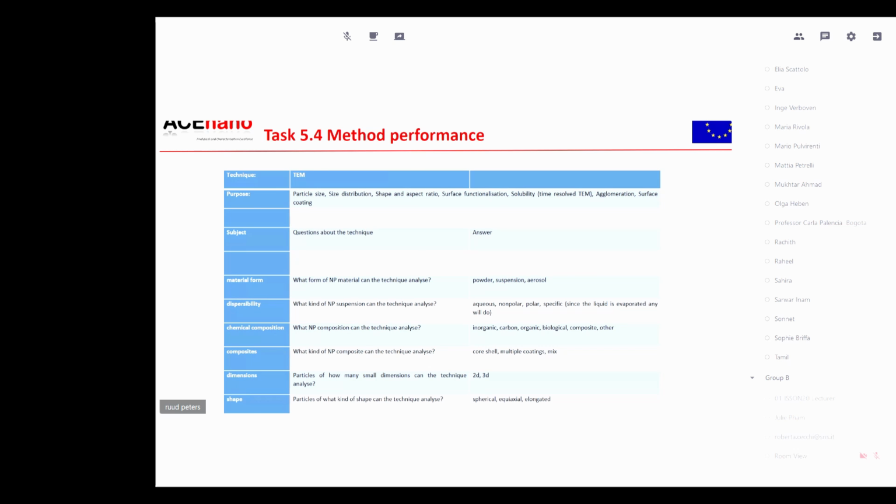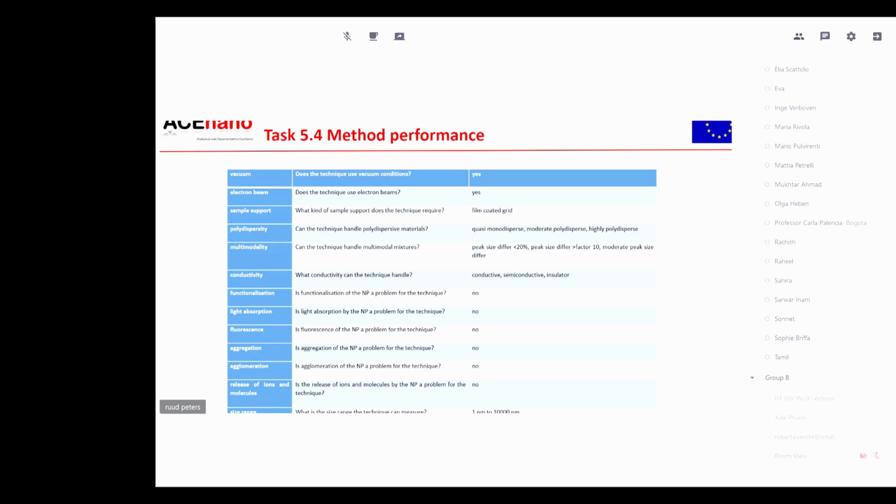This is the first part. This is the second part, where you can see, does the technique use vacuum conditions? Yes, it does. Does it use electron beams? Yes, it does. There's some information here about what kind of sample support is required, whether it can handle polydispersive materials and multimodal mixtures, and a number of other questions which are handled here for functionalism, light absorption, fluorescence, and aggregation and agglomeration, and whether these are problems for transmission electron microscopy or not.